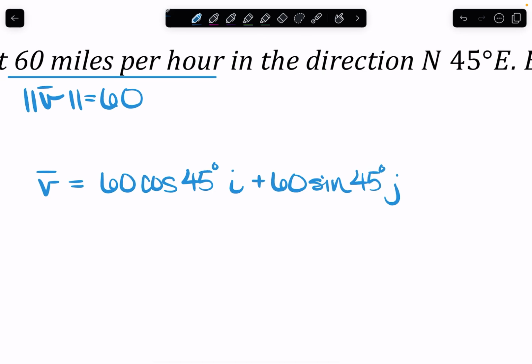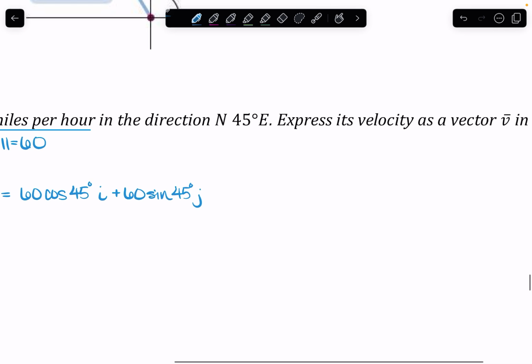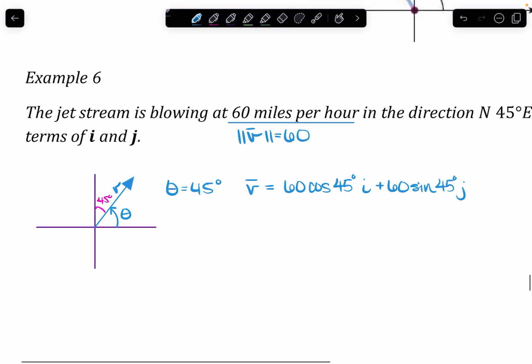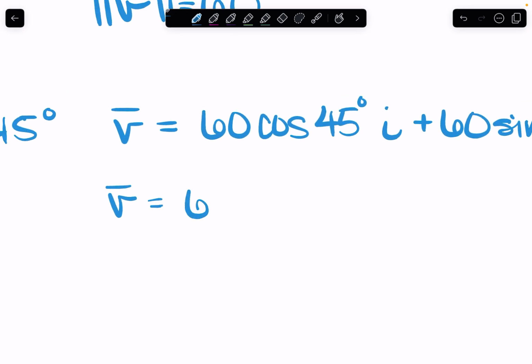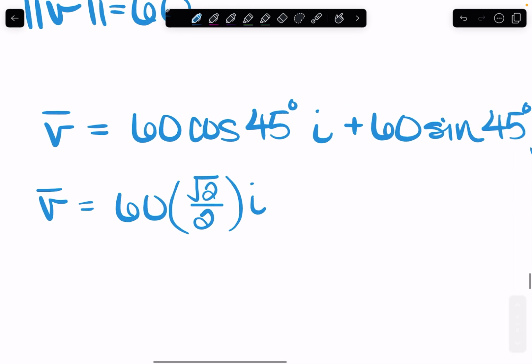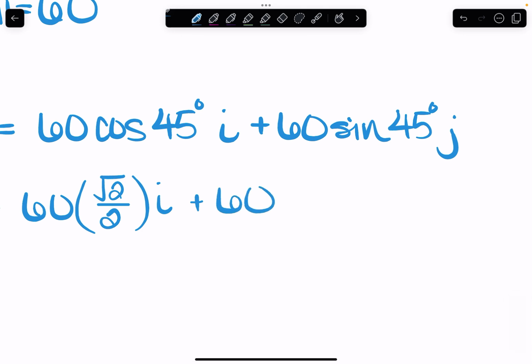We need to keep going. It doesn't say anything about expressing it in degrees. It says a vector v in terms of i and j, so I do need to simplify. All right, so v is 60 times cosine of 45, square root of 2 over 2, same as pi fourths. So square root of 2 over 2, plus 60 sine of 45.